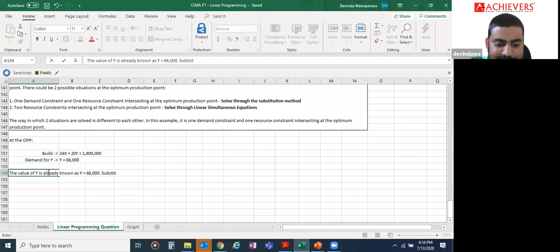Substitute the value of Y equals 66,000 into the build constraint equation and obtain the value of X.